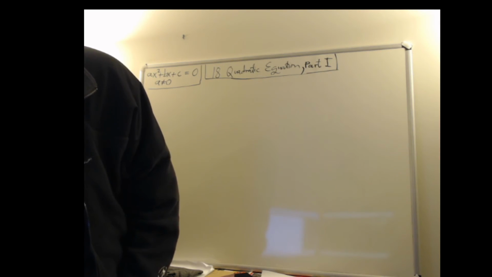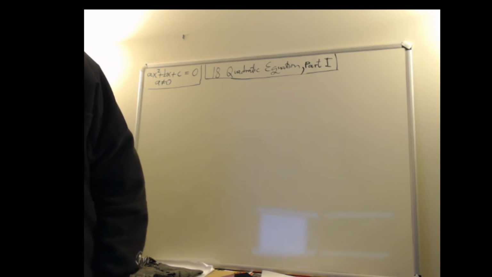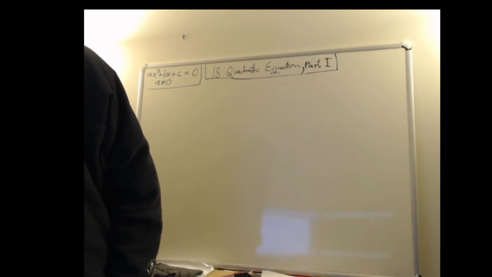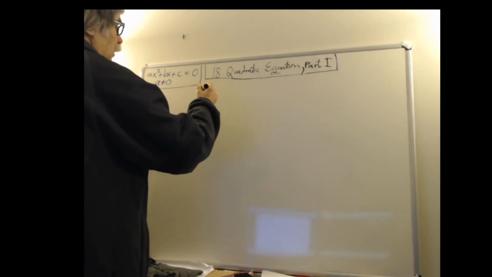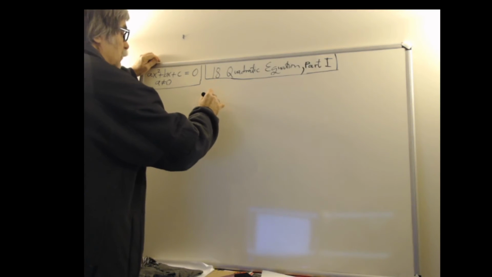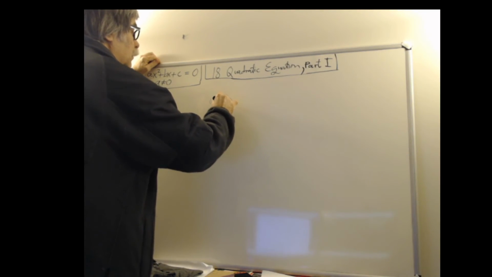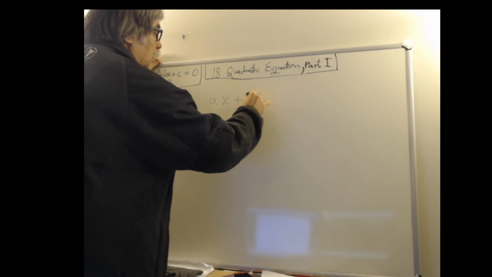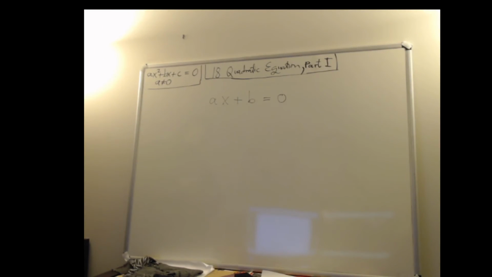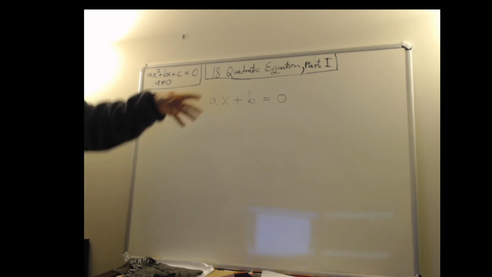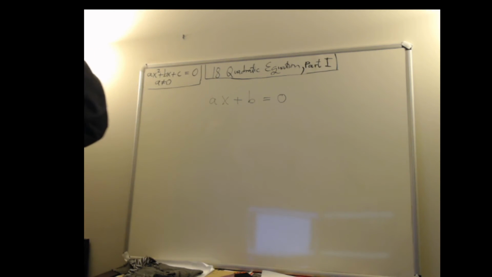So, what's a quadratic equation? If you remember, we started talking about the linear equation at the very beginning of our story about equations. We said that a linear equation has this kind of format: you have something times x plus another number, and that is equal to 0.